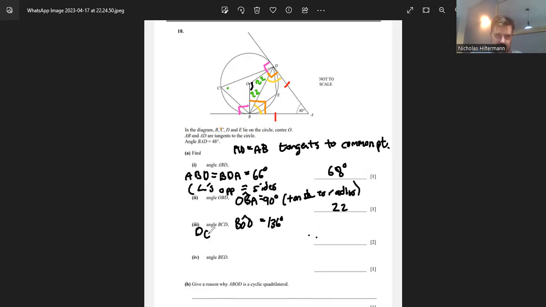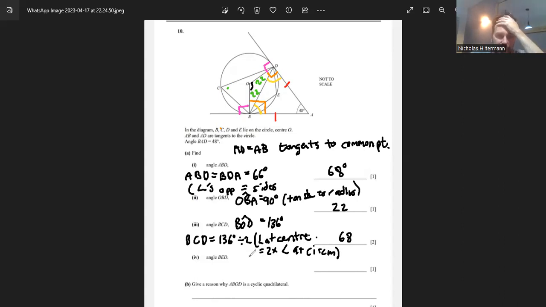BCD equals 136 divided by 2. Angle at center equals 2 times angle at circumference. Okay, so we get 136 divided by 2, which is 68.